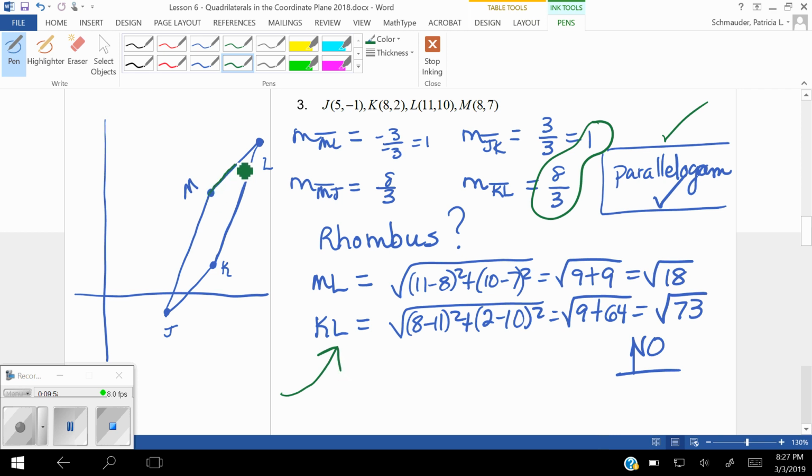I checked the length of side ML. I got the square root of 18, which again, I'm not going to simplify because that's not the final answer. I'm just trying to find out if it's equivalent to KL. And when I did the distance formula there, I got the square root of 73. Those are not equal. They're not congruent. So this is not a rhombus. It's most specifically a parallelogram.